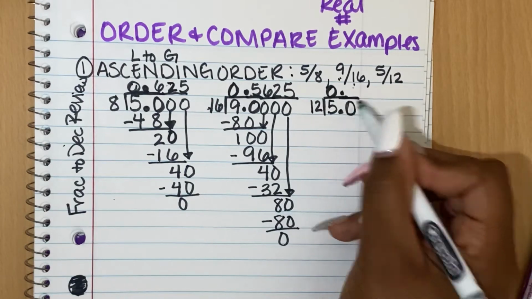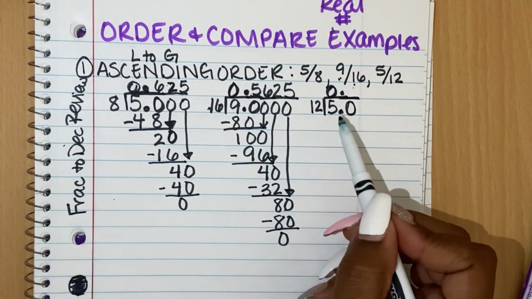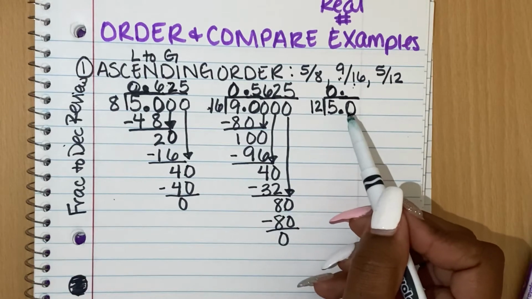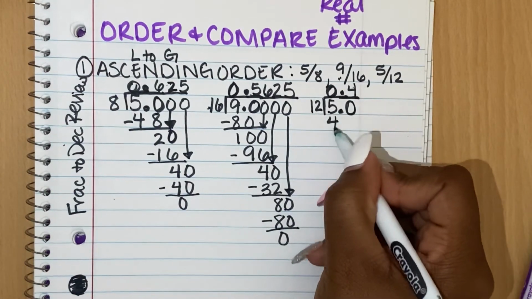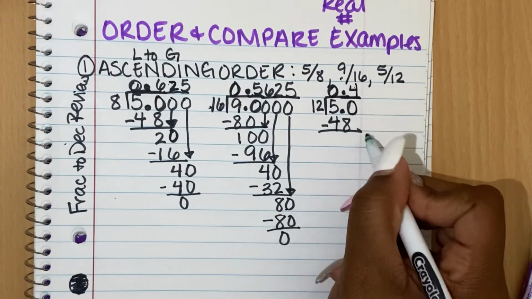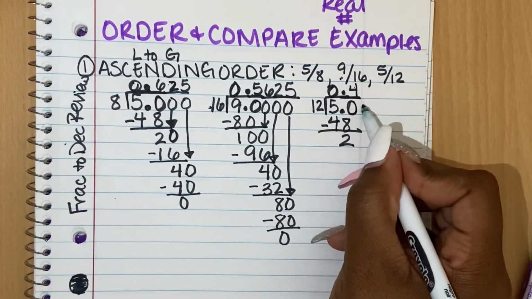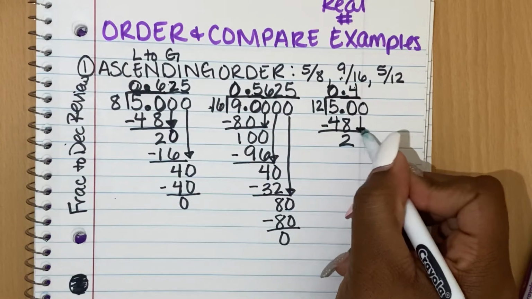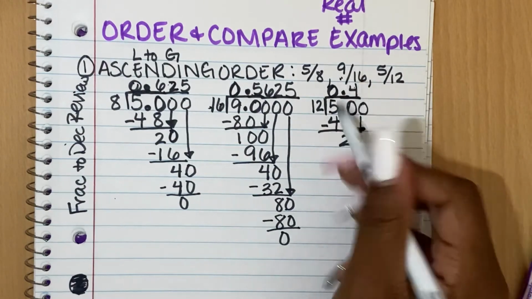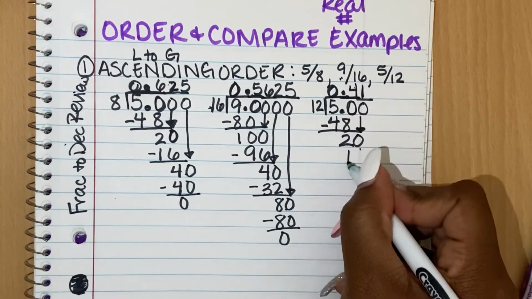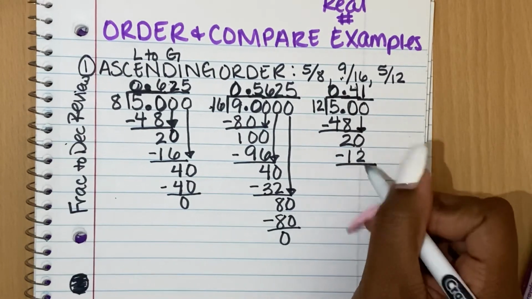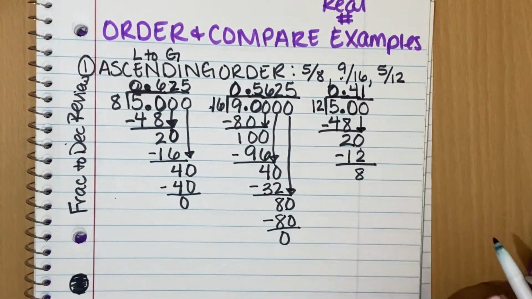Put a 0 behind the decimal that's inside the house and divide. 12 can go into 50 4 times because 4 times 12 is 48. 50 minus 48 is 2. Add a 0, bring it down because 12 cannot go into 2, but it can go into 20 one time because 1 times 12 is 12. 20 minus 12 is 8.